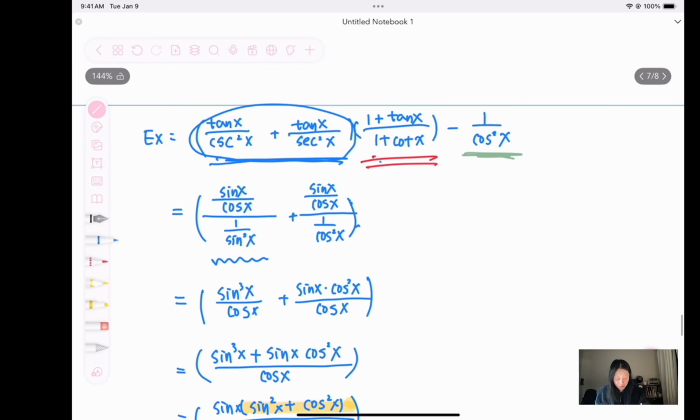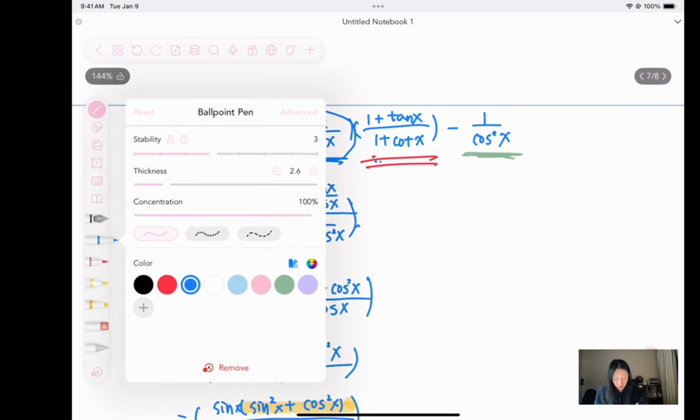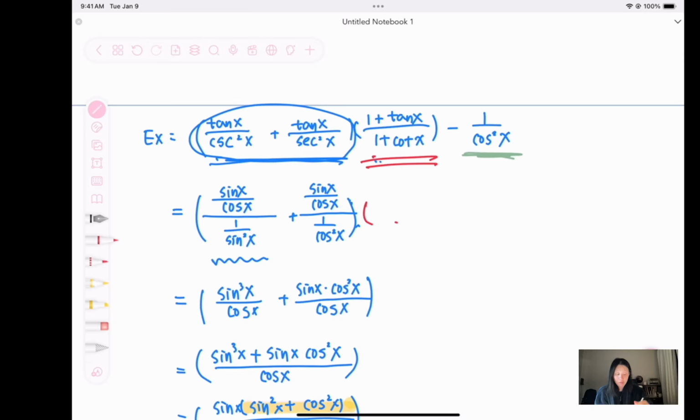Now, the second term. This guy, I'm going to use a red pen. Remember that the relationship is multiplication. Again, the first thing is I want to turn everything into sine and cosine. Cotangent is cosine x over sine x. Now, have you seen this as a complicated fraction?